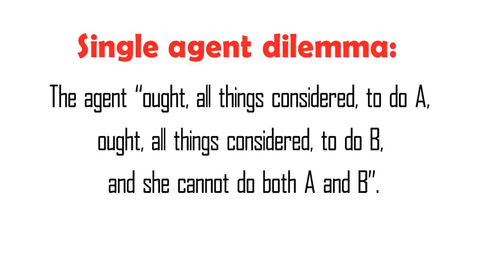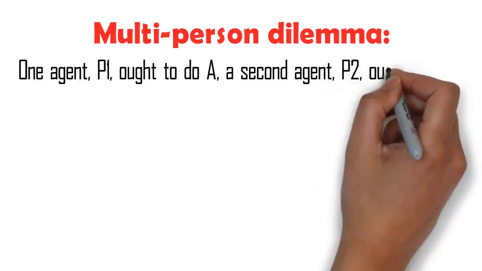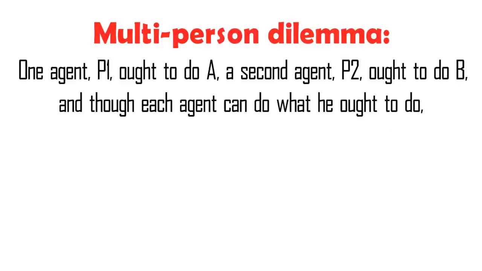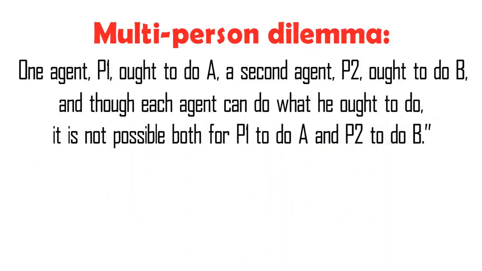In a multi-person dilemma, on the other hand, the situation is such that one agent P1 ought to do A, a second agent P2 ought to do B, and though each agent can do what he ought to do, it is not possible both for P1 to do A and P2 to do B. According to Walter Sinnott-Armstrong, the multi-person dilemma arises inasmuch as agents X, Y, and Z may possibly have chosen conflicting moral choices.